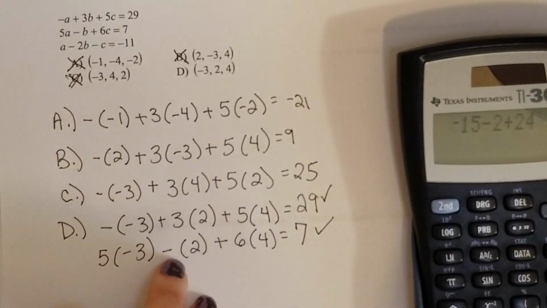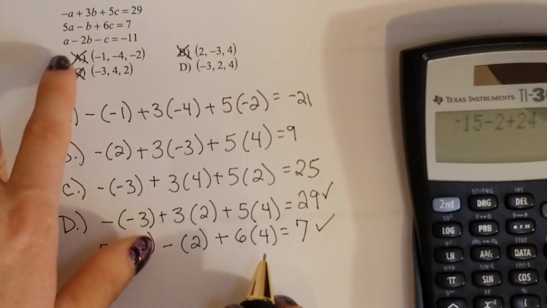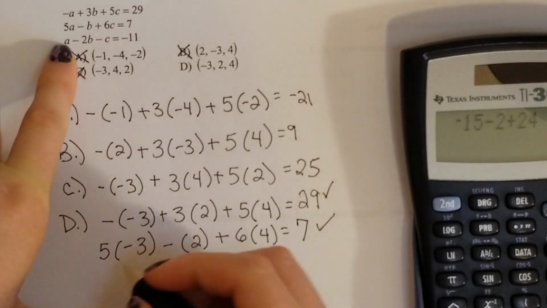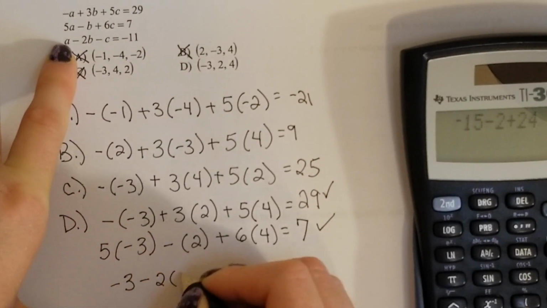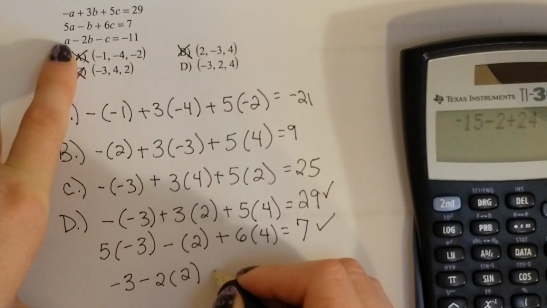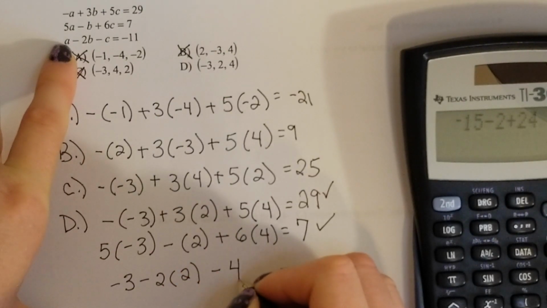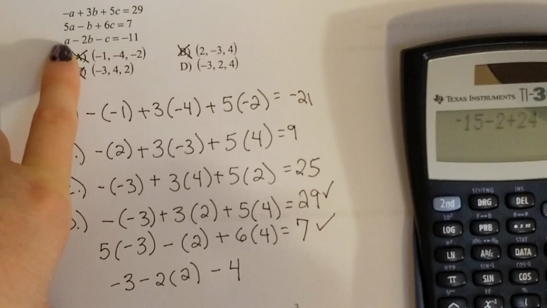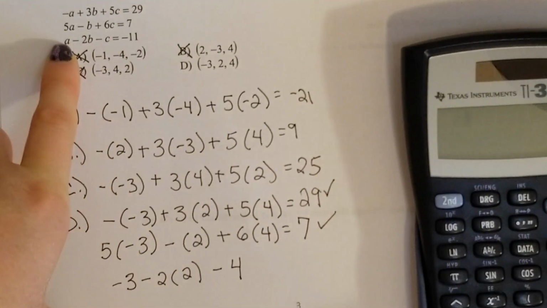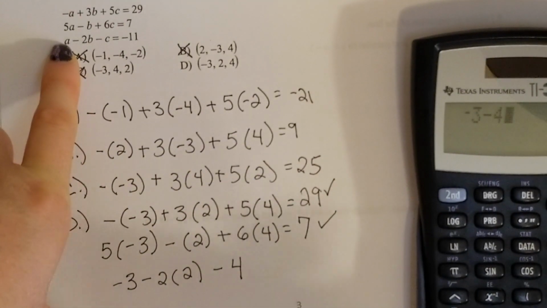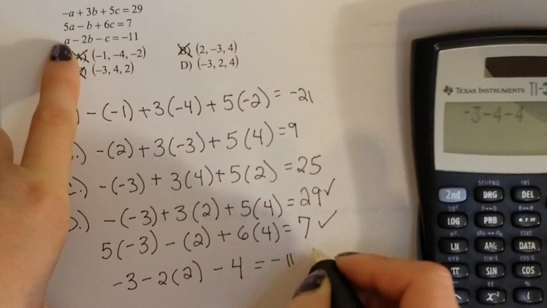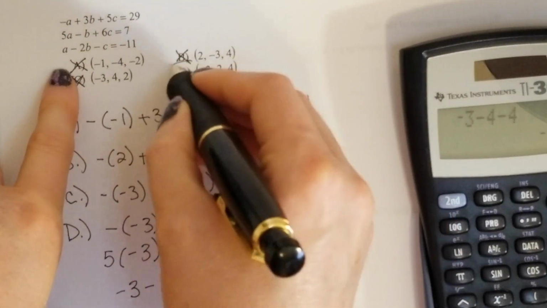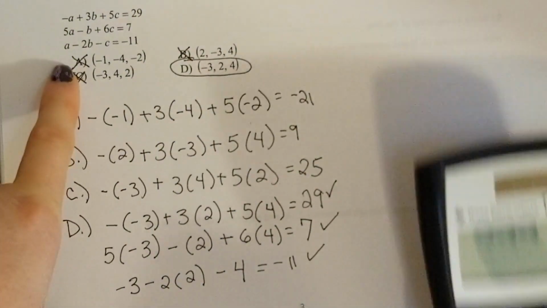So that worked. It's really easy to get cross-eyed, I think, when you're doing these. Okay, negative 3 minus 2 times 2 minus 4. Okay, so negative 3 minus 4 minus 4, and that gives me negative 11. So it is definitely D.